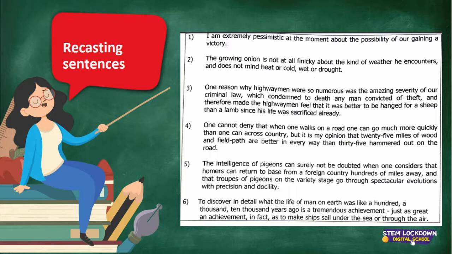But because this law that was there, it was so severe, these people thought that it would be better to be hanged for a sheep than a lamb. So they are now many, because if you are to steal something very small like a lamb, you will be judged the same as someone who would have stolen a sheep.